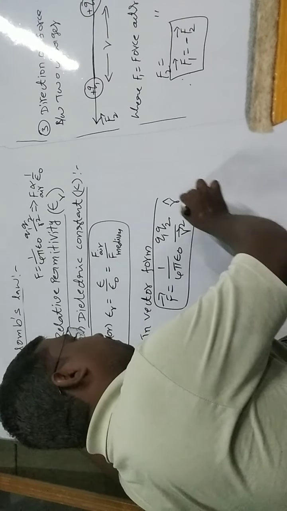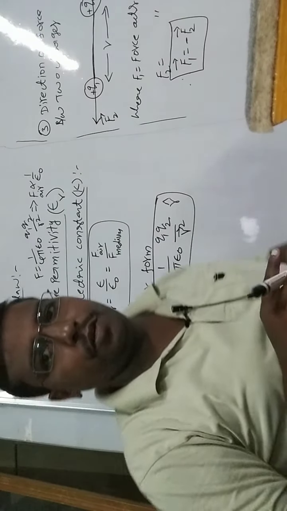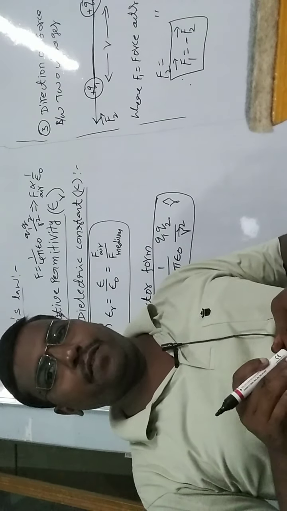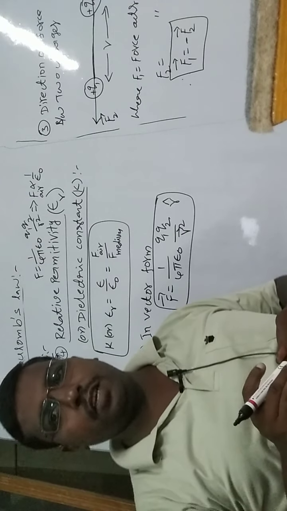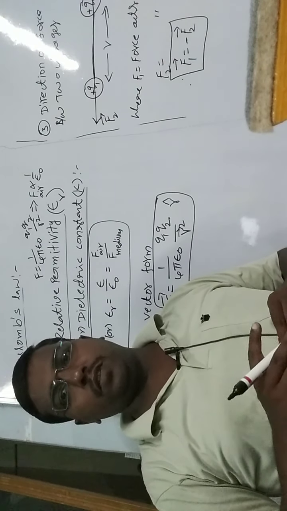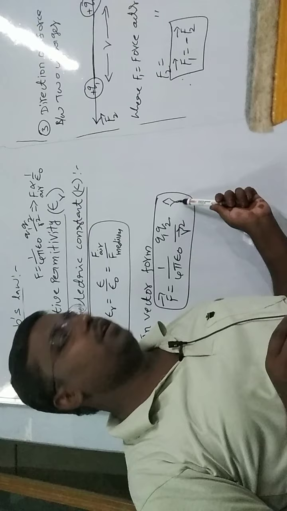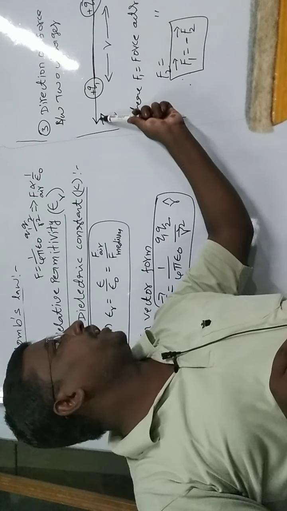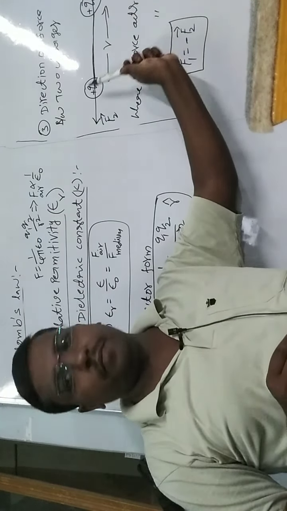What is R cap? Cap represents a unit vector. A unit vector always represents the direction of the given vector. R cap is the unit vector along the direction of this line.